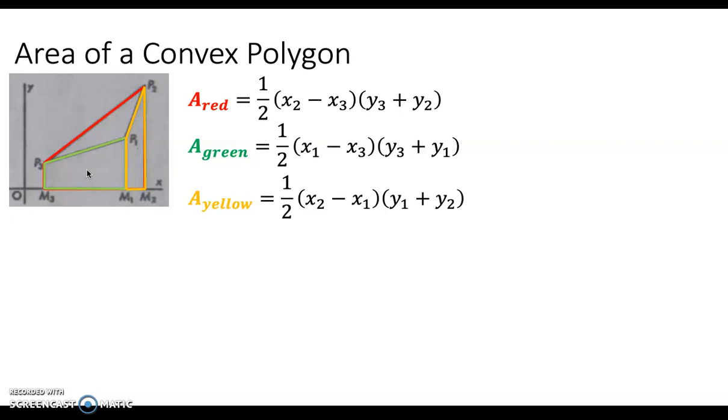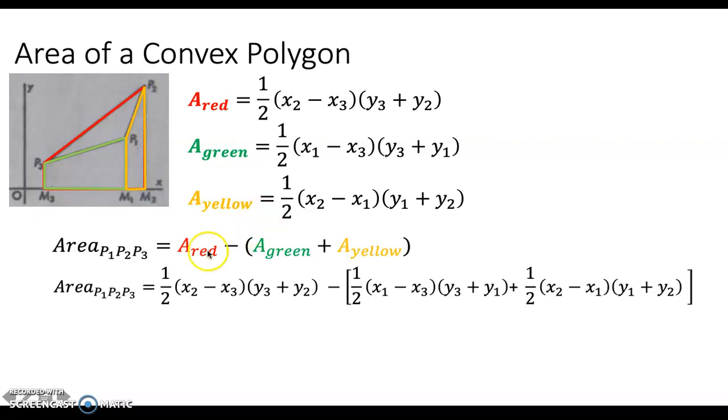So this time, let's recall, to get the area of the triangle, it is simply the area of the red trapezoid minus the sum of the area of the green trapezoid and the yellow trapezoid. Okay, let's substitute all of this. The area of red is 1/2 times the quantity of x sub 2 minus x sub 3 times the quantity of y sub 3 plus y sub 2, minus the areas of the green and the yellow trapezoid.